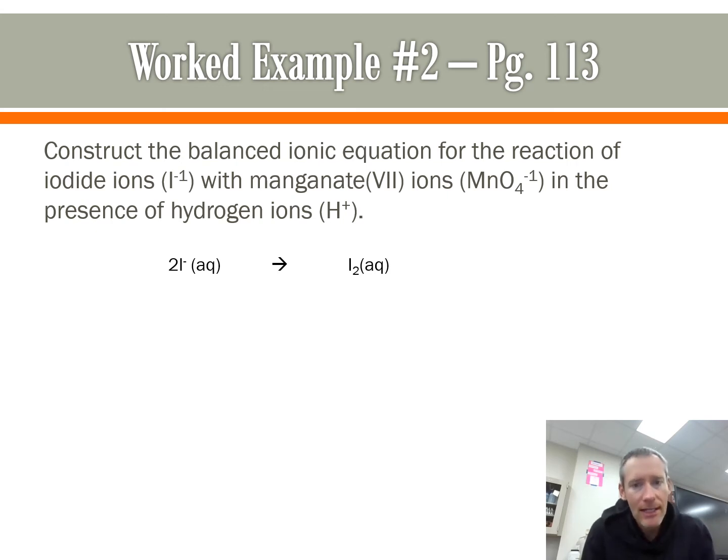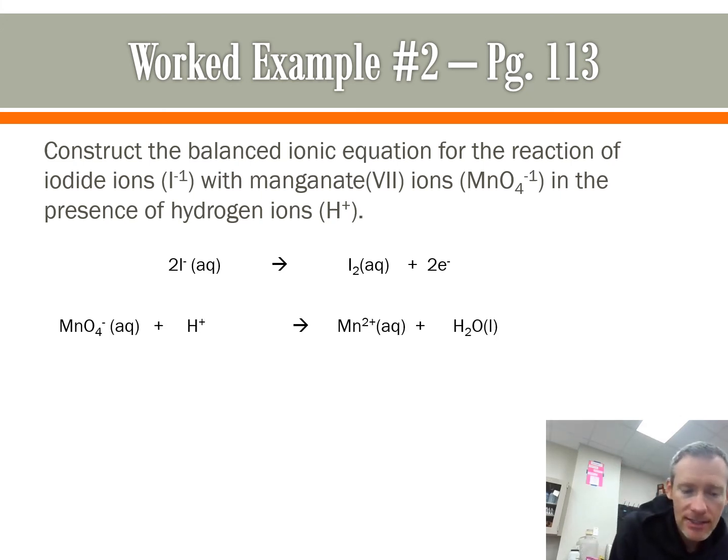Here we have iodide, with a charge of -1, and you are going to make I2, which has a charge of 0. That means you need 2 electrons on the product side to balance out the charge, because 2 negative on the reactant side means 2 negative needs to be on the product side.